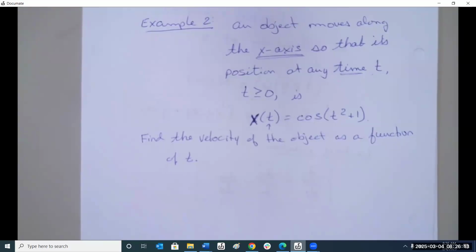What does that mean? Find the velocity of the object as a function of t. What do we have? What do we need to find? And how are they related?